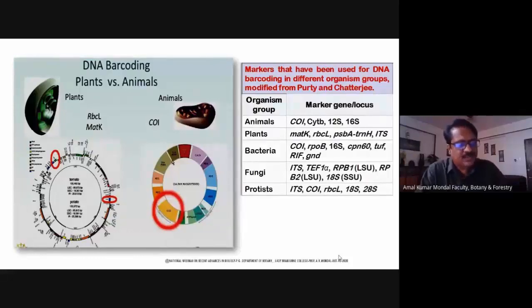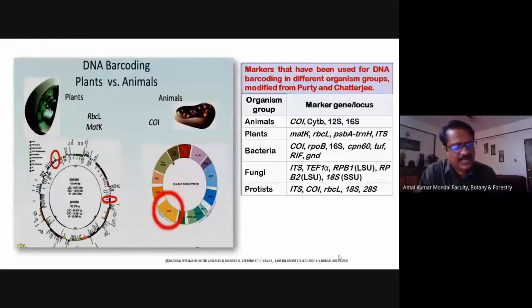The goal is to design primers that will detect and distinguish most or all the species in the studied group of organisms, high taxonomic resolution. The length of the barcode sequence should be short enough to be used with current sampling source, DNA extraction, amplification, and sequencing methods.